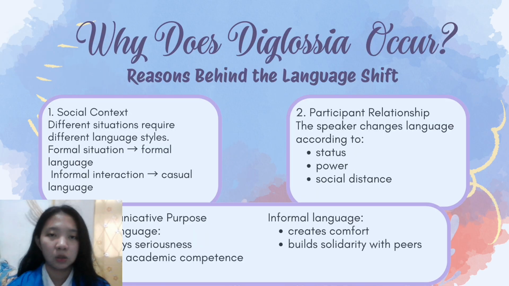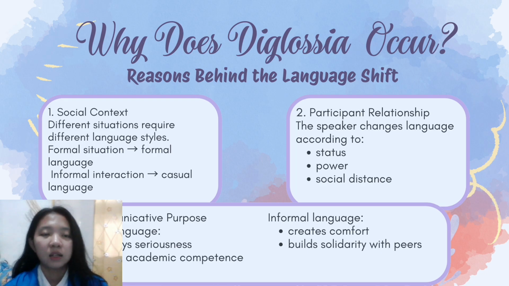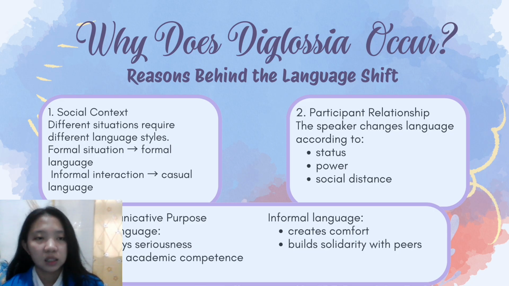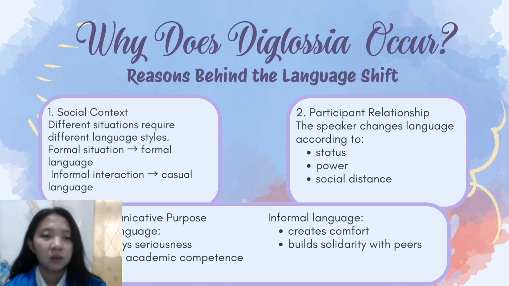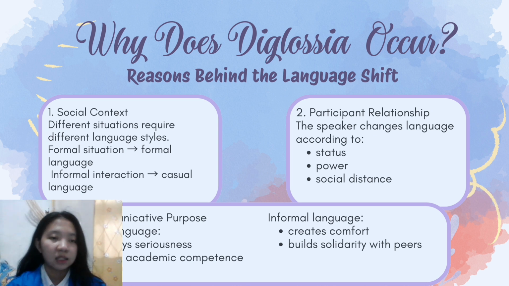Why does diglossia occur? There are reasons behind the language shift. The first reason is social context. Different situations require different language styles. Formal situations call for formal language. Informal interaction is the same as casual language. 2.